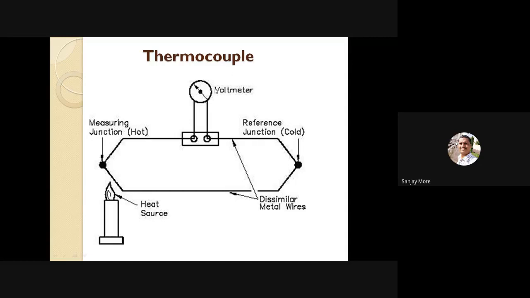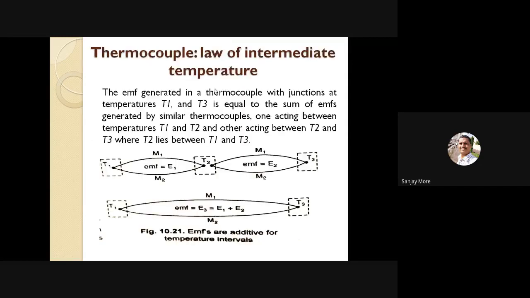Okay, here. So electromotive force, EMF, 1, 2 and 3, T1, T2, and T3. Here, these are two different metal wires, M1 and M2. Electromotive force E1, electromotive force E2. Here, T1 to T2 and T2 to T3.